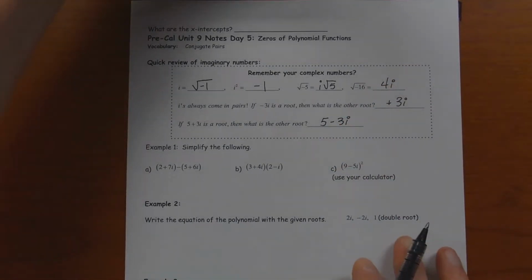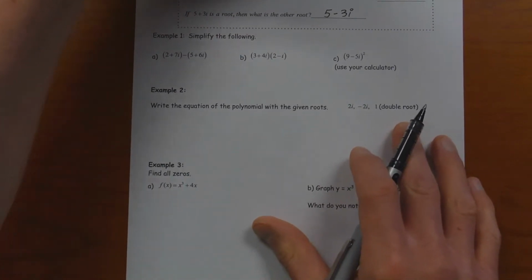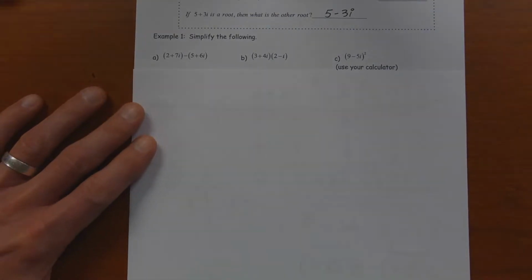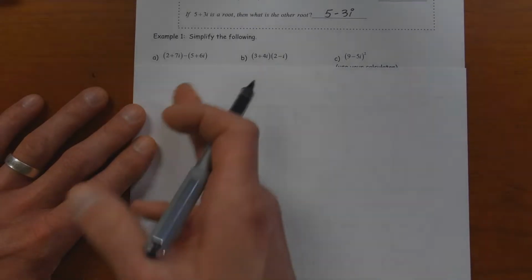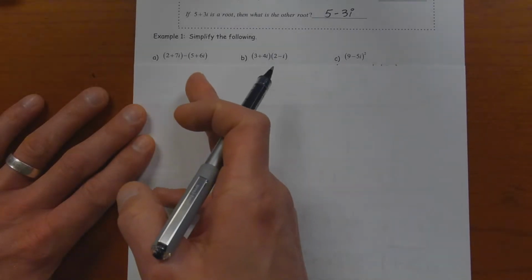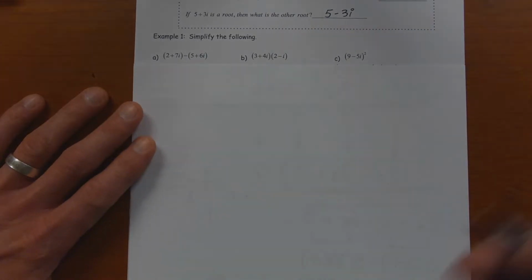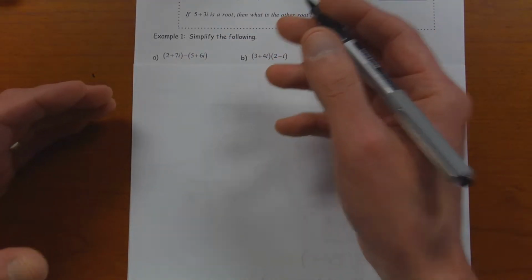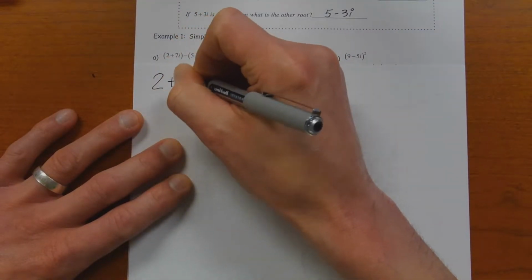Example 1, simplify the following. Example A: 2 plus 7i minus 5 plus 6i. Y'all have been doing this for a long time, but usually instead of i, we see an x. We're going to treat this in much the same manner. We'd want to simplify what we could in parentheses first, but there is nothing we can simplify, so I'm just going to copy it down and remove the parentheses.